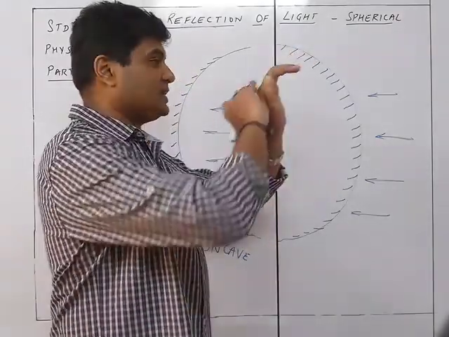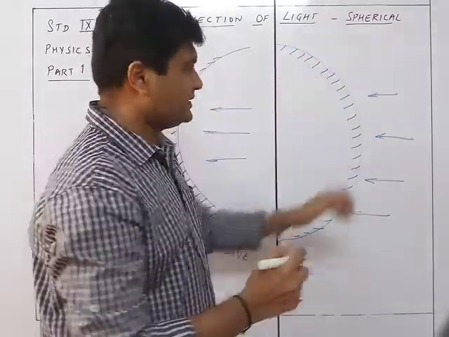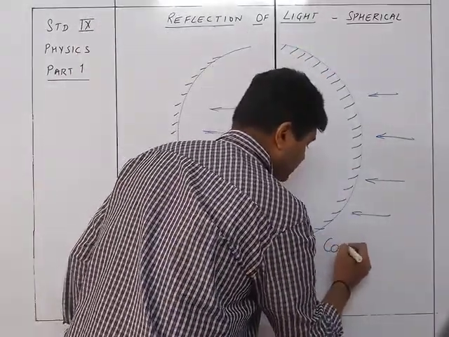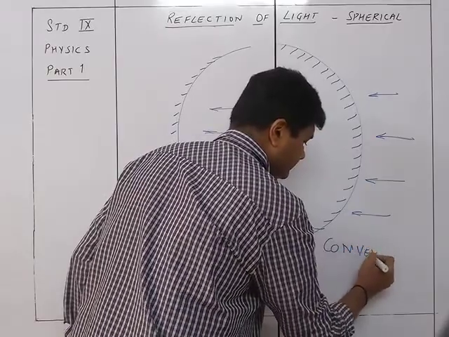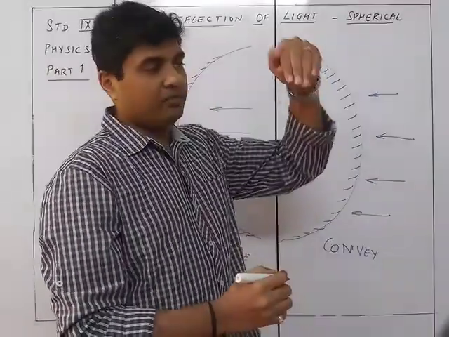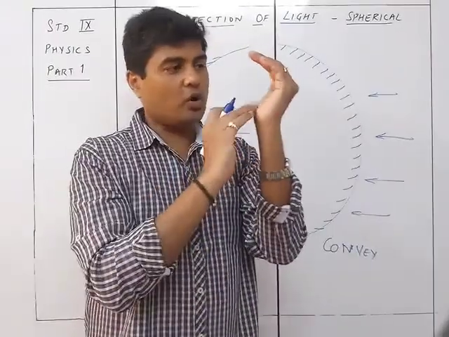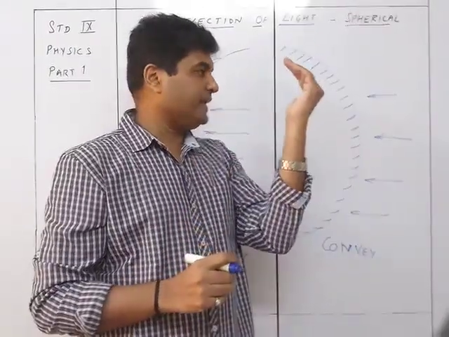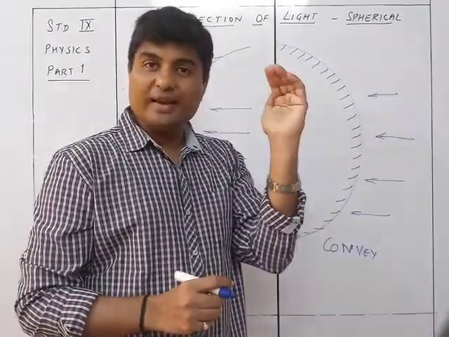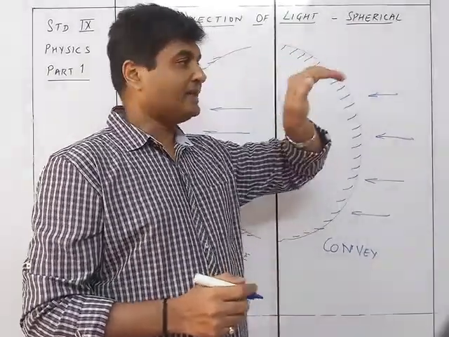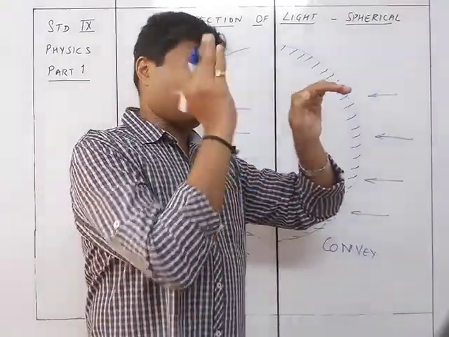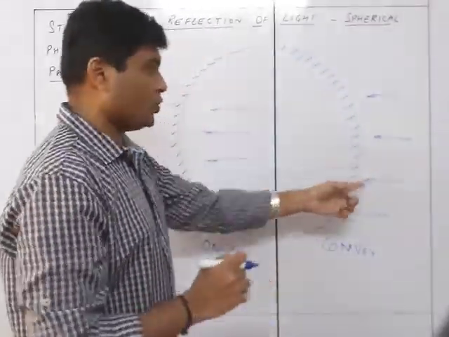If it is like this, the outer curved part, then it is convex. If I am outside of the thing, it is convex.